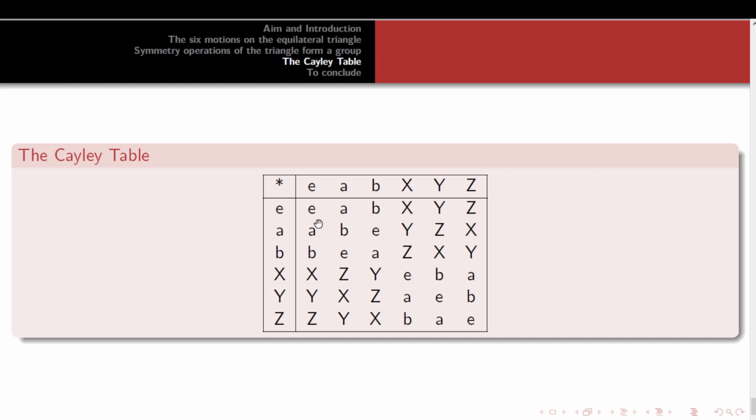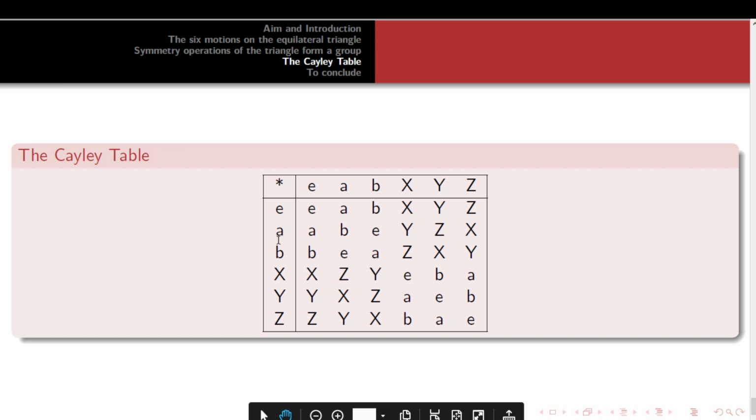And also the performance of one motion followed by another can be represented in a table like this. See, the identity element E applied on any of the six motions in the set, you get the same elements, and here also like that.